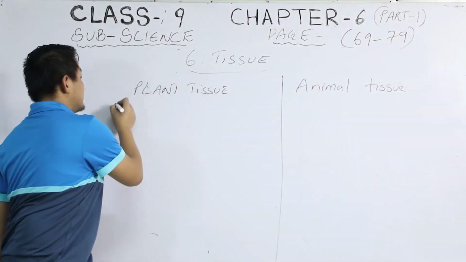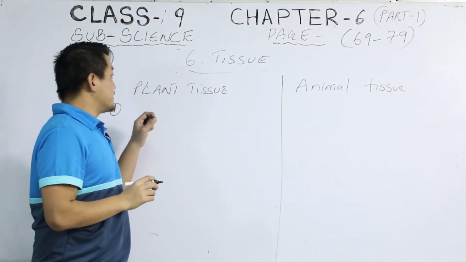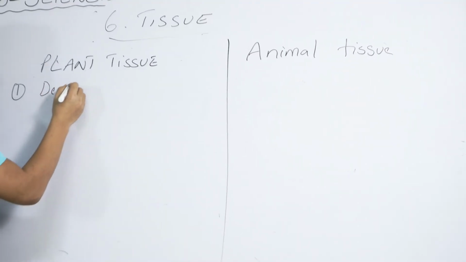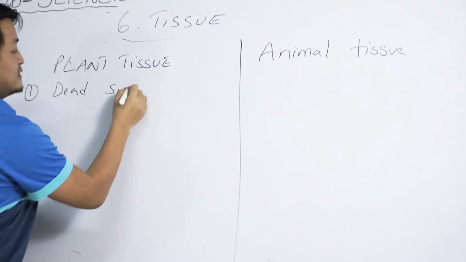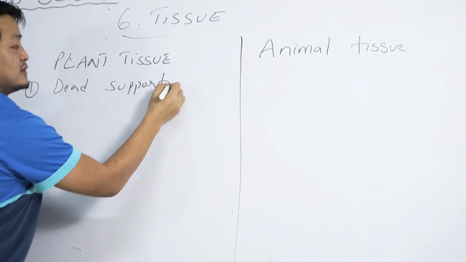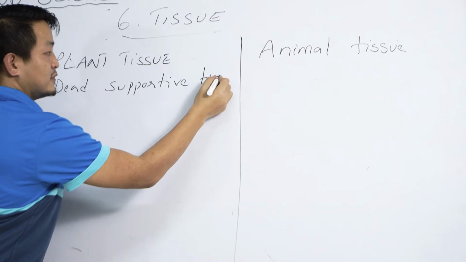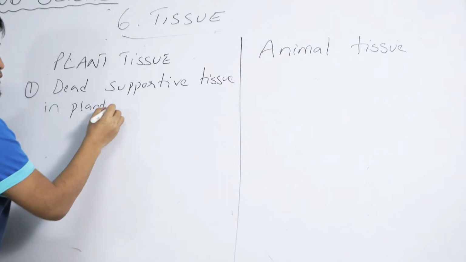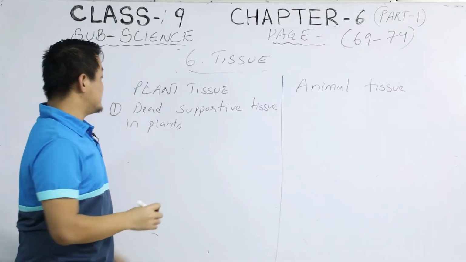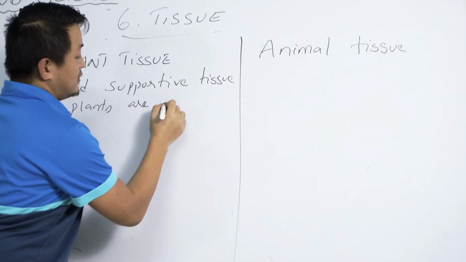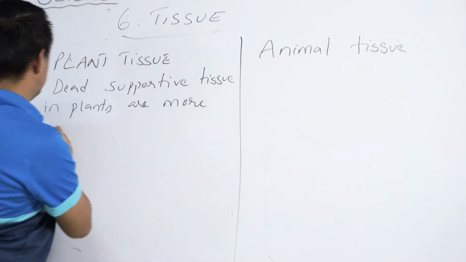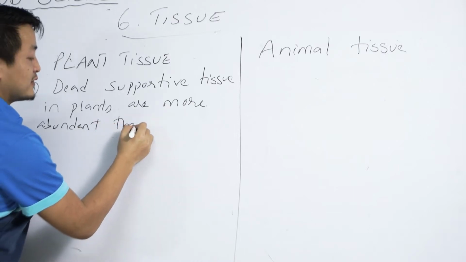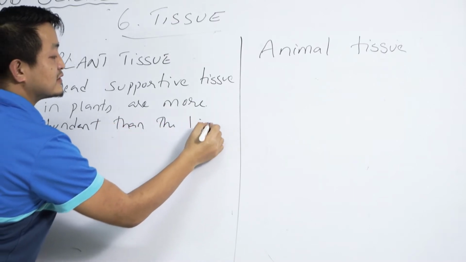So students, now here the dead supportive tissue, okay? The dead supportive tissue in plants are more abundant than the living tissue, okay?